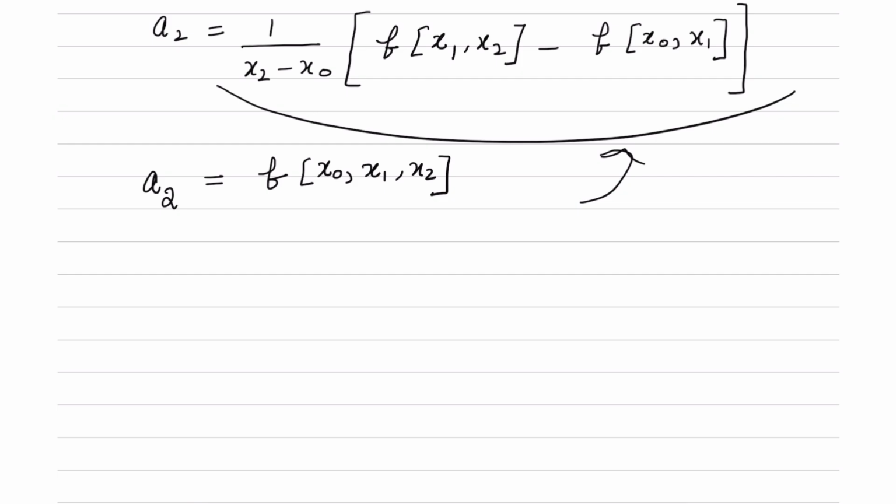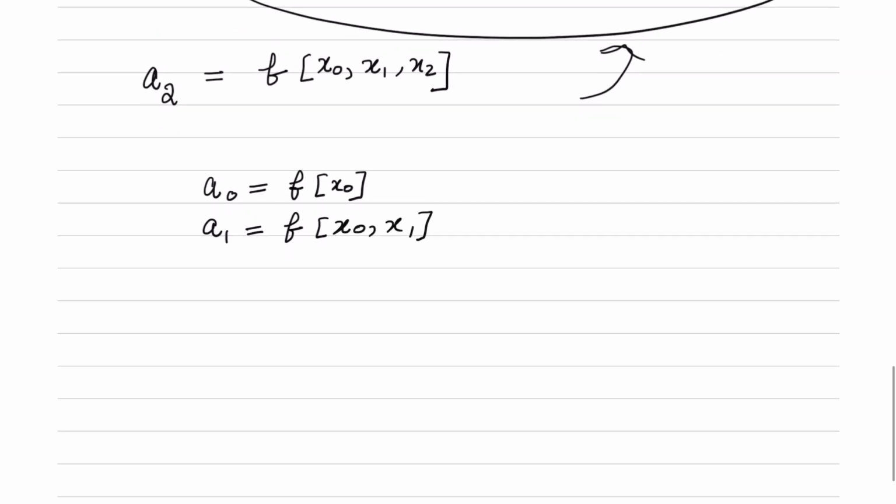So what we have seen here is a naught can be written as f of x0 square bracket, a1 can be written as f of square bracket x0 x1, a2 can be written as f of square bracket x0 x1 x2.